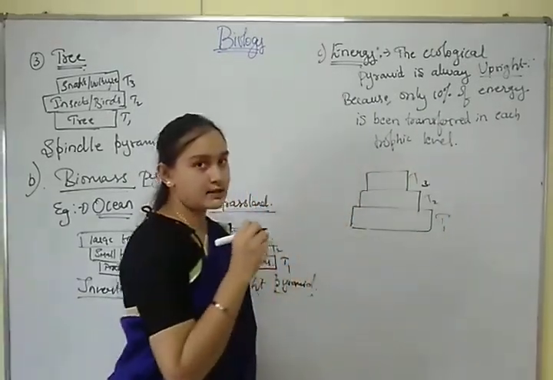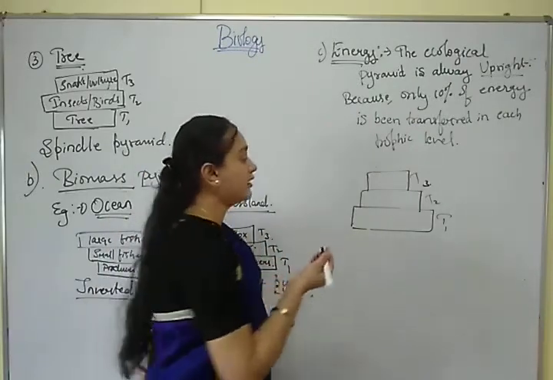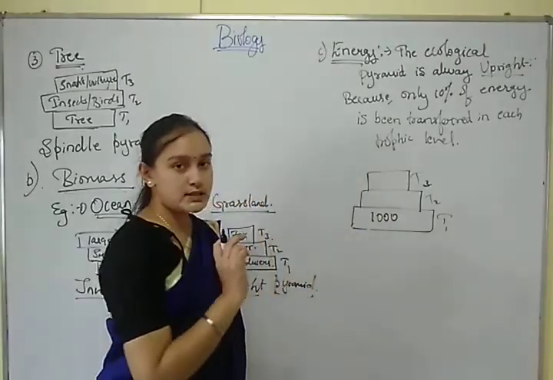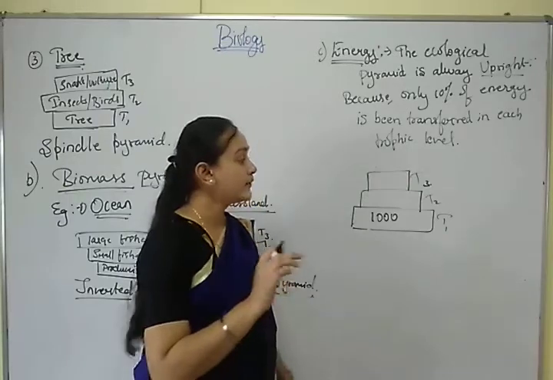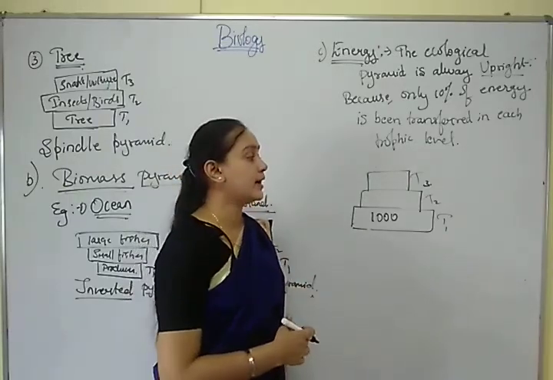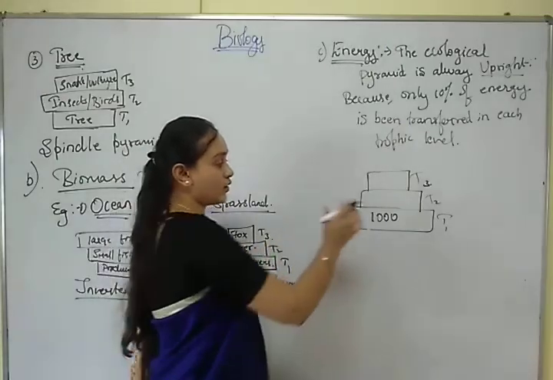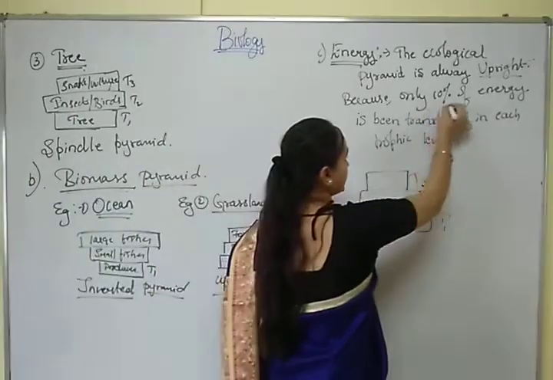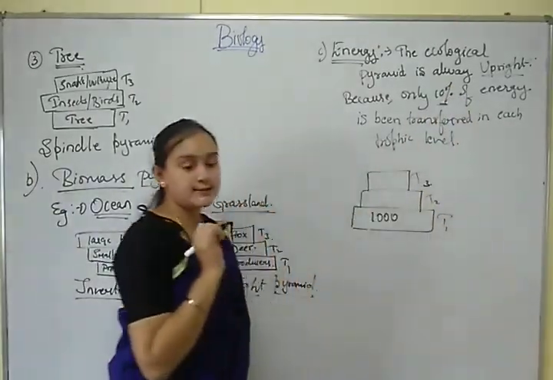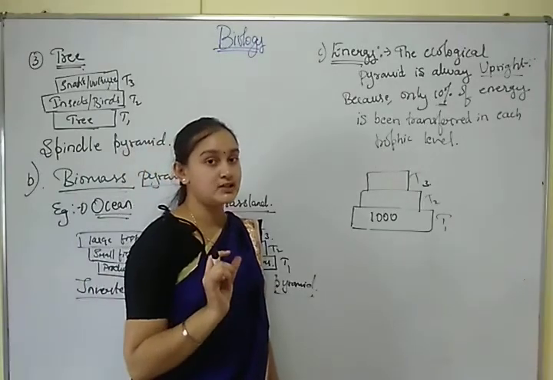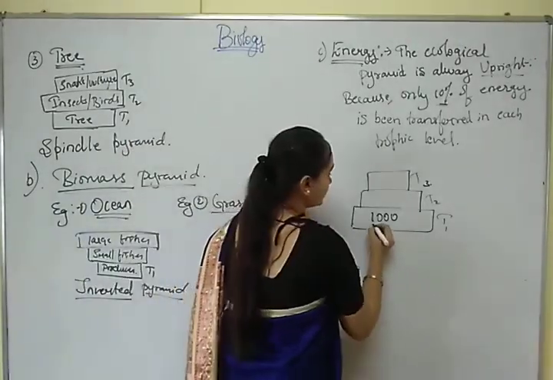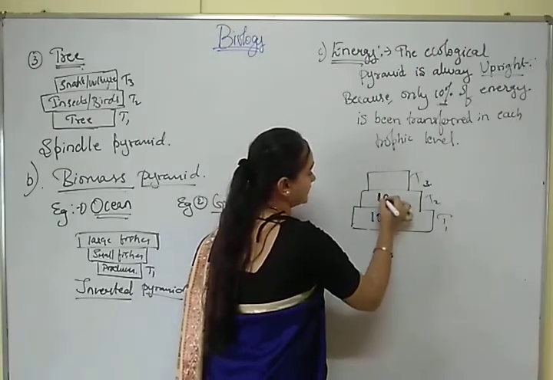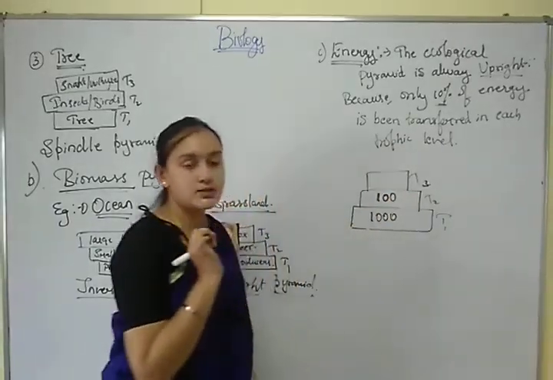Now if the total energy in the producers is 100,000 units, when the energy is transferred to the second trophic level, only 10% of it is transferred. So from the first trophic level, 10% energy transfer, so it will be 100.